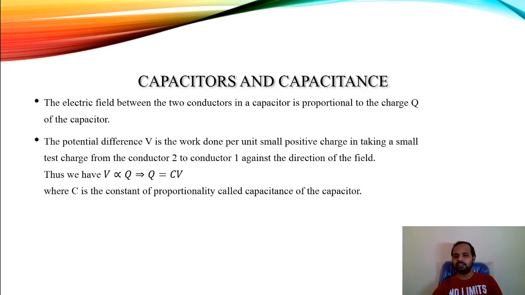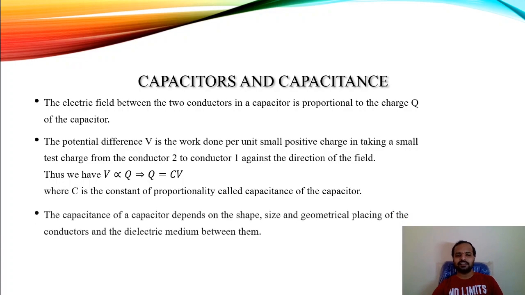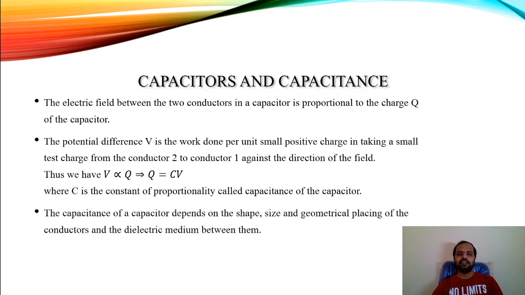And now usually the capacitance is dependent on the shape, size and geometrical placing of the conductors and the dielectric medium between. That is, if we are going to take the capacitor either in the form of a parallel plate, that is two plates kept parallel to one another, or we can also consider it as concentric spherical shells placed one outside the other.